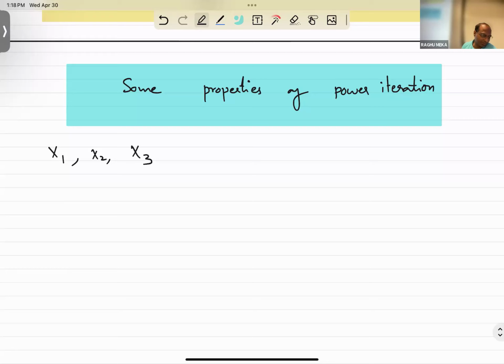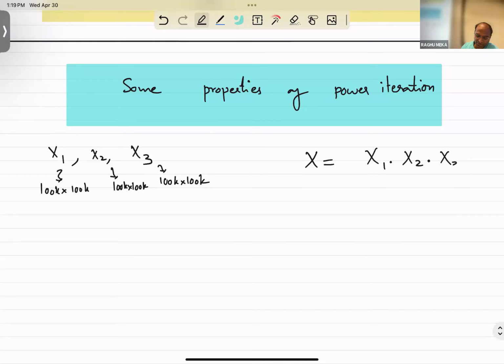These are three separate matrices. Maybe each one is, let's say, 100K by 100K. They need not even be square, but let's say they are square for now. And somebody says, okay, here are three matrices, but for whatever reason, I care about computing the first singular vector of x1 times x2 times x3.